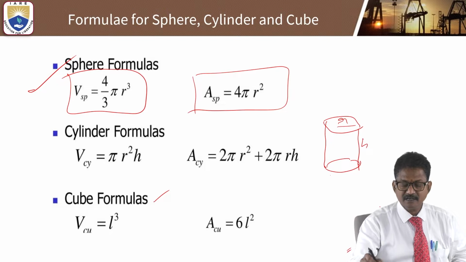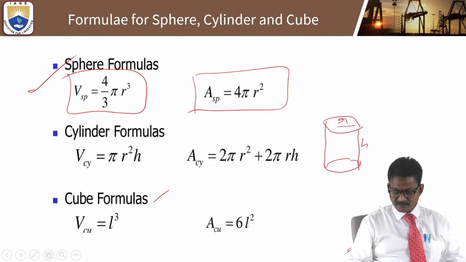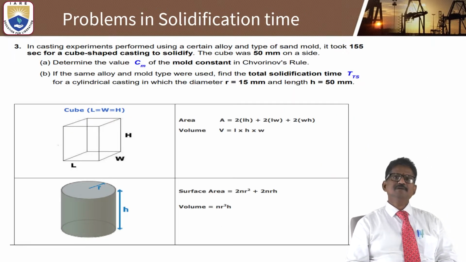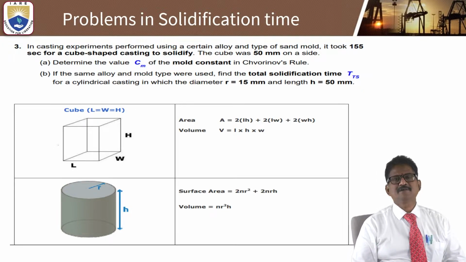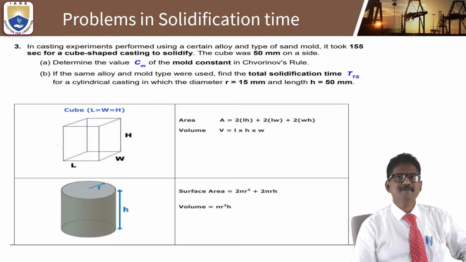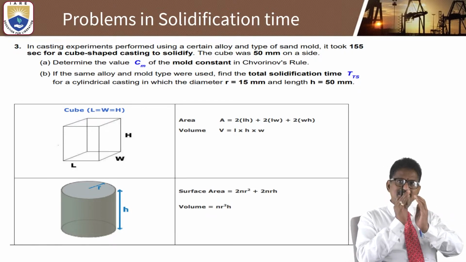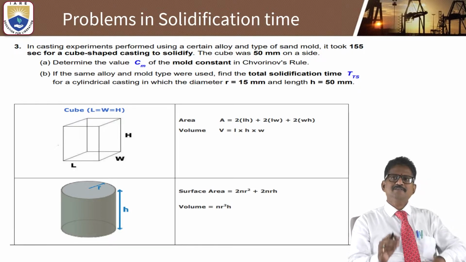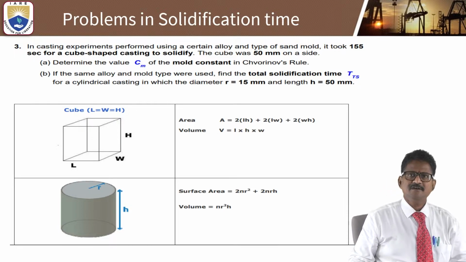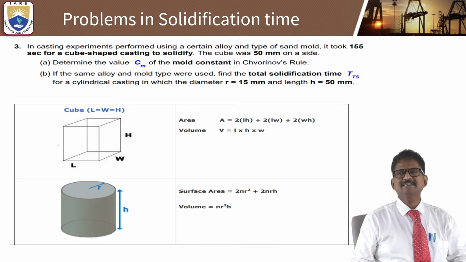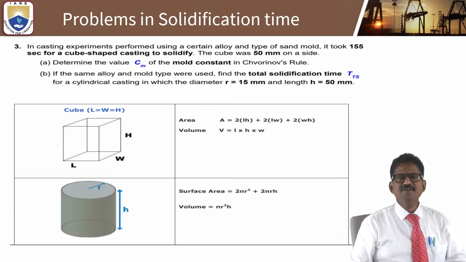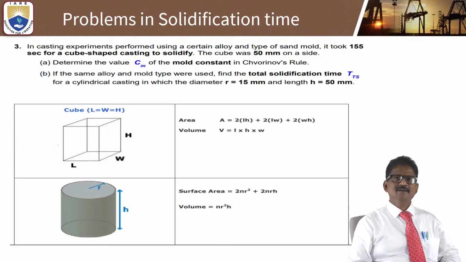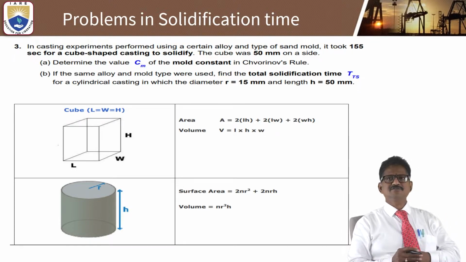Now look at how you can utilize these formulas in this case study problem. In a casting experiment performed using a certain alloy and type of sand mold, it took 155 seconds for a cube-shaped casting to solidify.